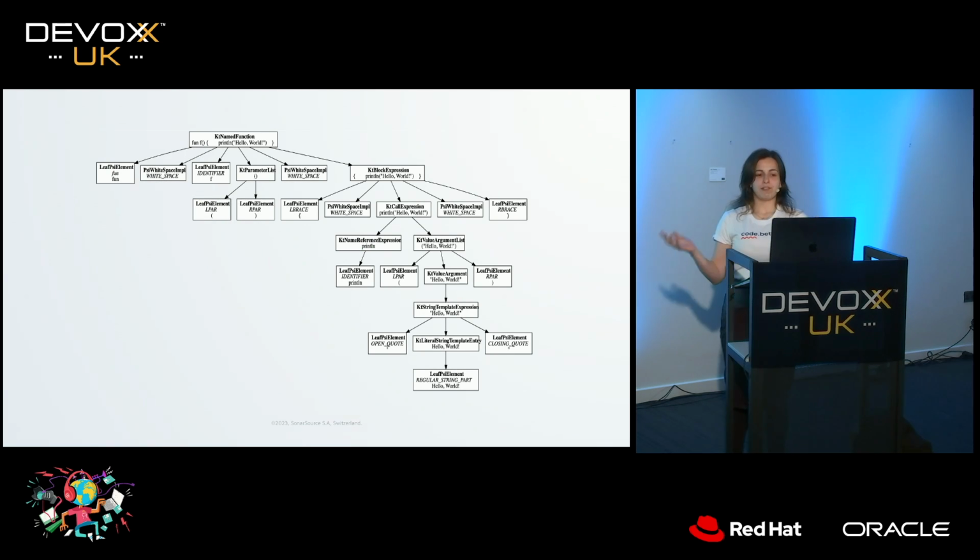It is a tree that contains nodes that represent this or that language structure. For example, you can see here a function, a parameter list, a left brace, statements and call expressions, arguments, and everything very precisely.